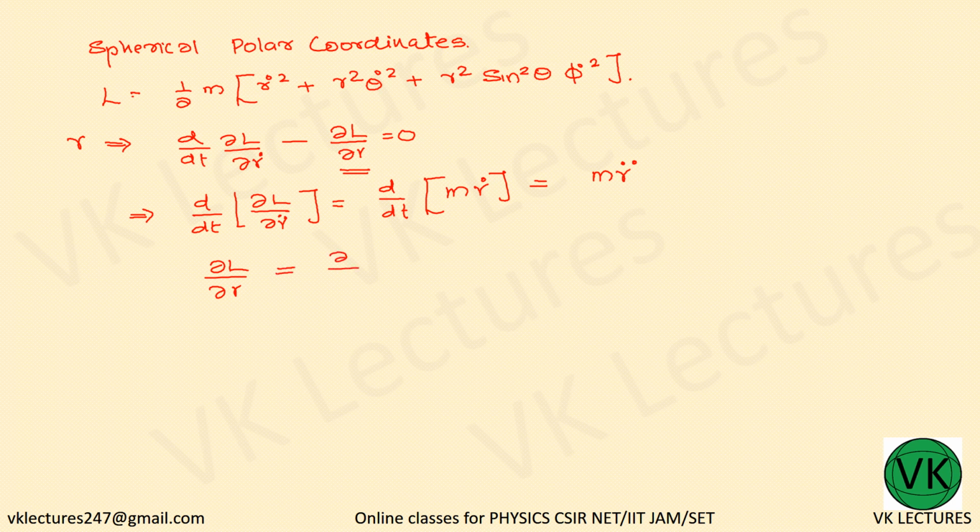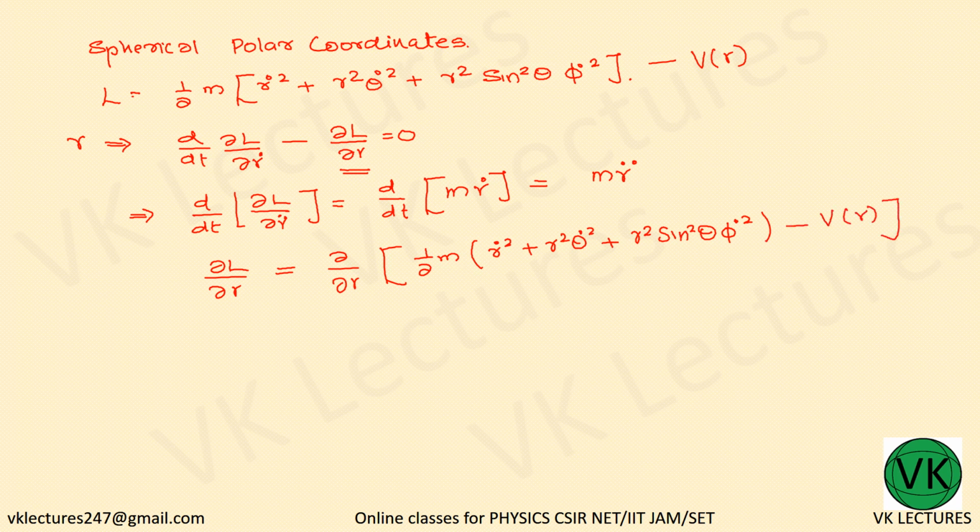So that's equal to dou by dou r of half m r dot square plus r square theta dot square plus r square sine square theta phi dot square, and we'll also write the potential term which depends on V of r, minus V of r. So the entire term we have to differentiate.